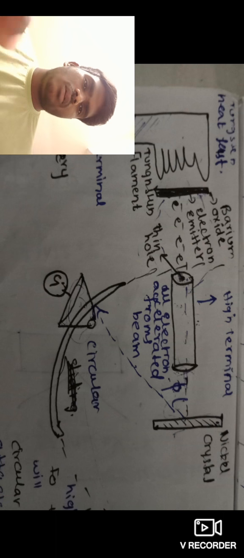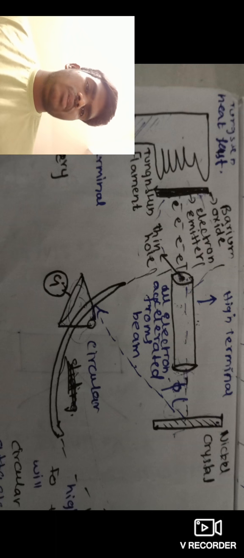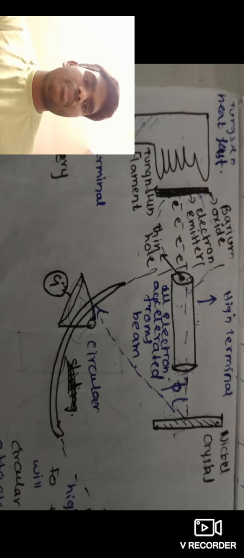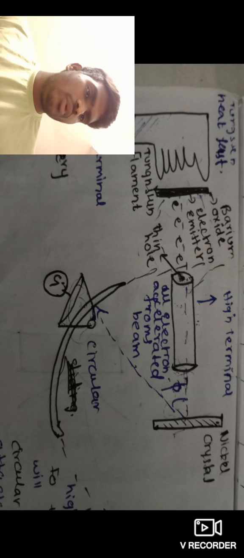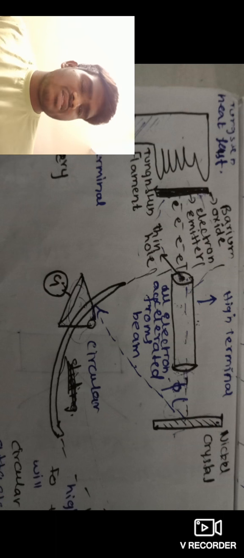Those electrons will not escape from the cylindrical structure. They go through it and pass like a beam. And we put a nickel crystal here. Why the nickel crystal?